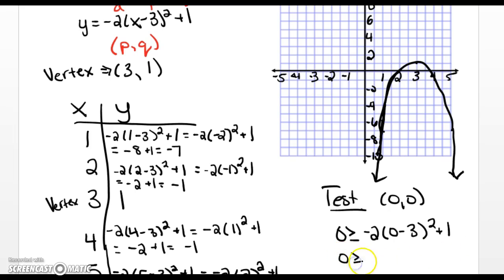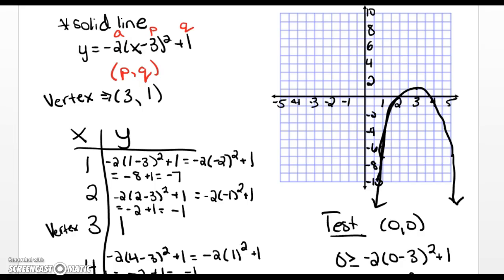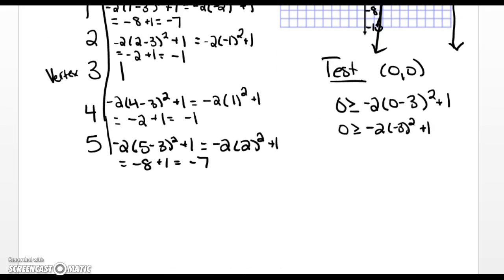Then we're going to solve inside those brackets. So 0 is greater than or equal to negative 2 times, and 0 minus 3 is negative 3, squared, plus 1. So negative 3 squared is positive 9. And then 9 times negative 2 is negative 18, plus 1.